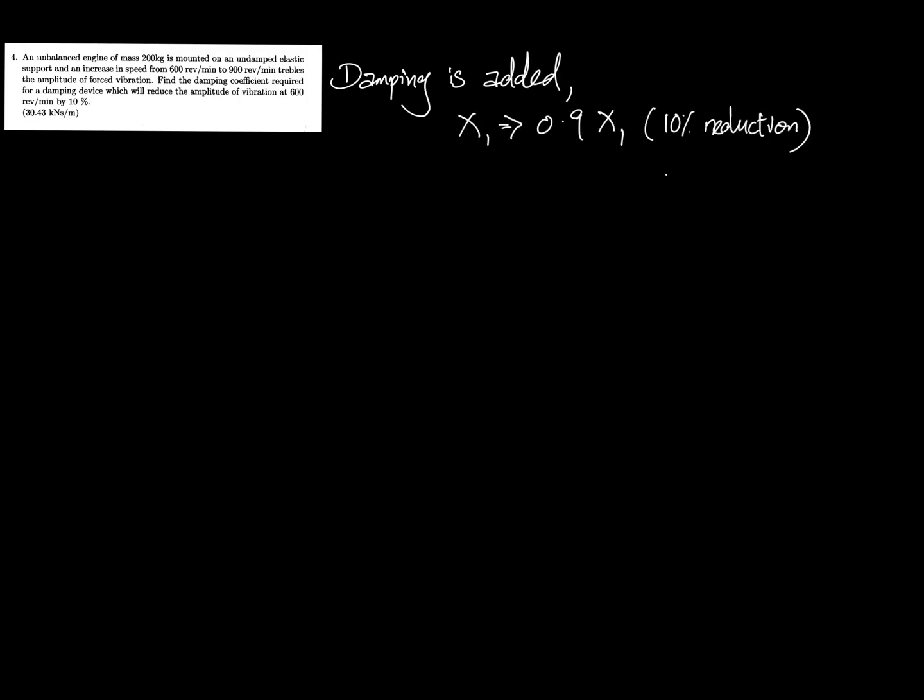So now we are required to add a damping device to reduce the amplitude by 10% at 600 RPM. So again, let's substitute our X1 into this relationship.